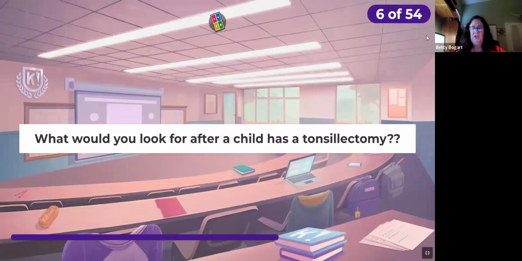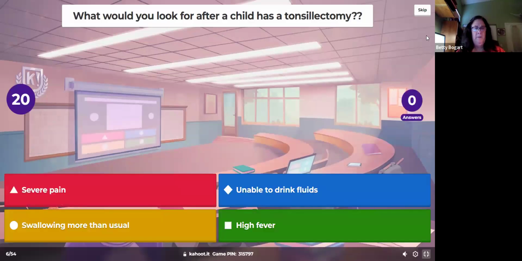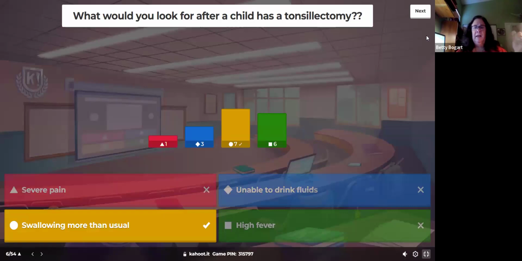What would you look for after a child has a tonsillectomy? So you're doing post-op care on a child who just had a tonsillectomy and adenoidectomy. What is our biggest concern postoperatively? And the answer is we're worried about bleeding. Remember I told you about the scabs at the back of their throat, and they could pop off and bleed easily?